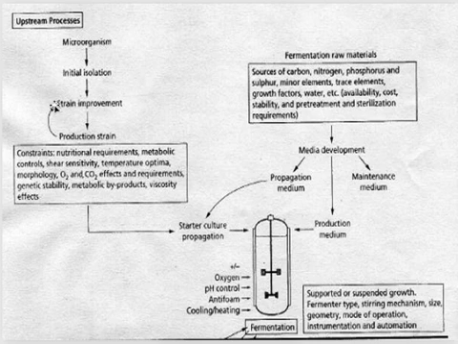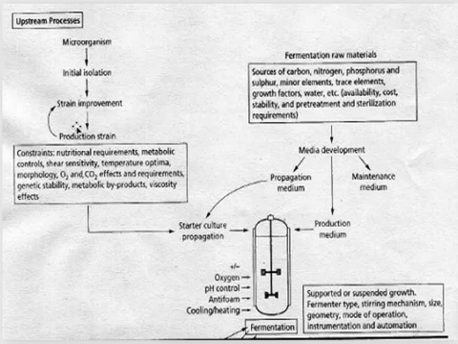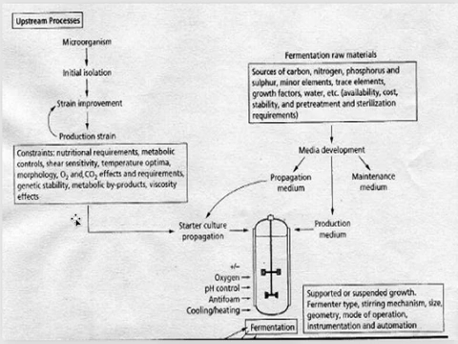This strain is called the production strain. During this process, when you do the strain improvement and make your production strain, you have to try everything. You have to check the nutritional requirements, the metabolic controls, and the sensitivity of your strain.